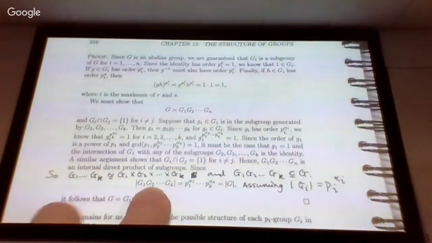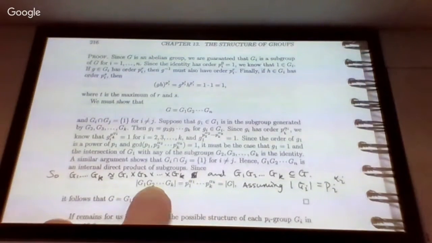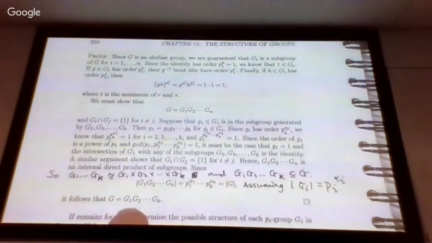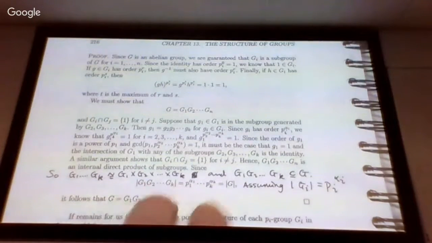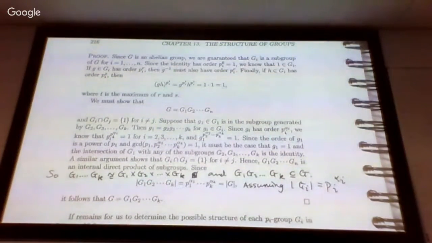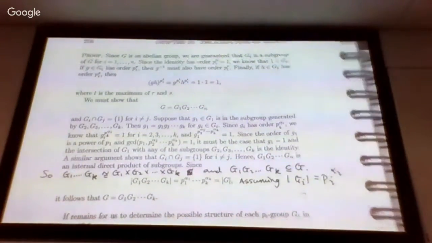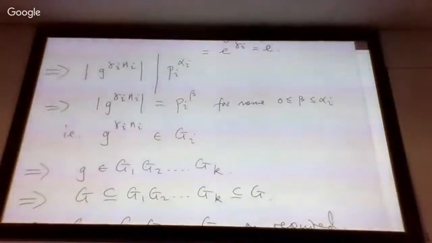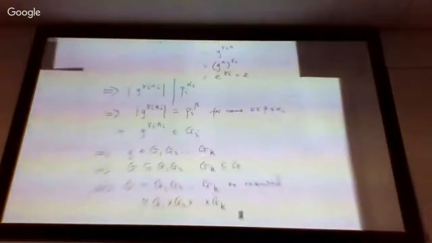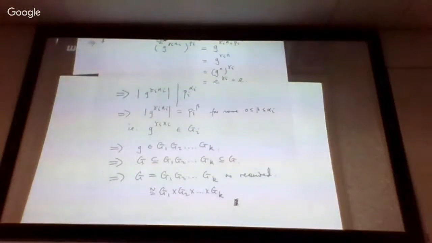And then he just immediately jumps to saying the size of it is the size of G, and therefore it's the whole of G. But it's that gap in this proof that needs to be resolved. So that's what we've achieved. Is that okay? Any questions about that? And that's more or less the argument that Judson's reinstated there.